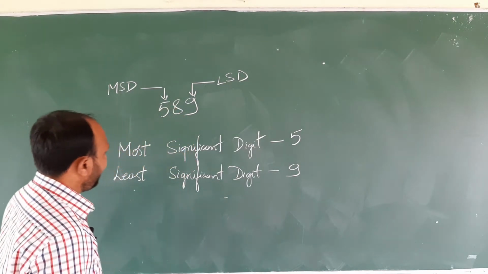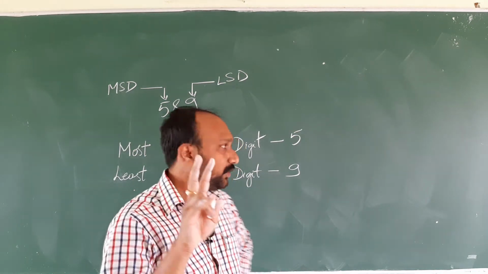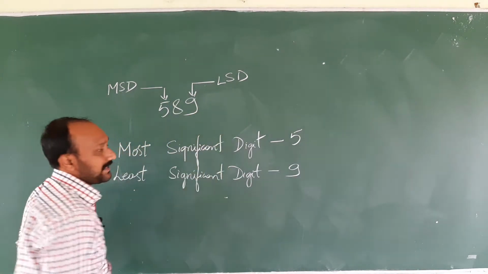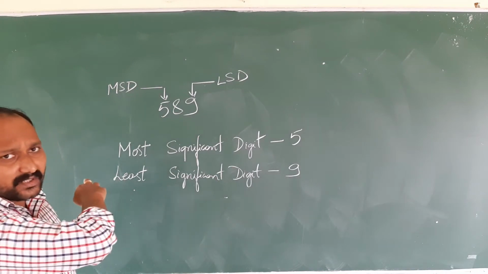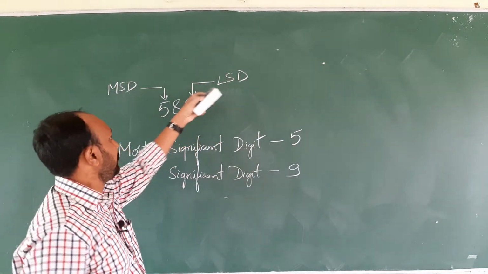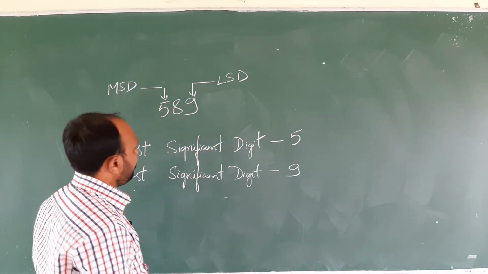Usually any number you consider will have 2 terminologies attached with it, MSD and LSD. Always the MSD will be the leftmost digit, and the right side digit will be the LSD. This you need to keep in mind.